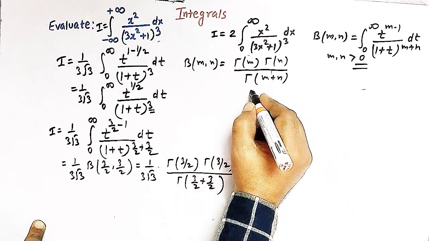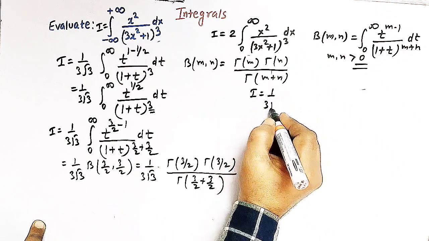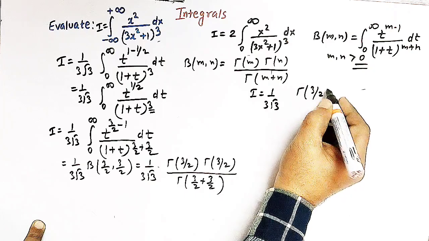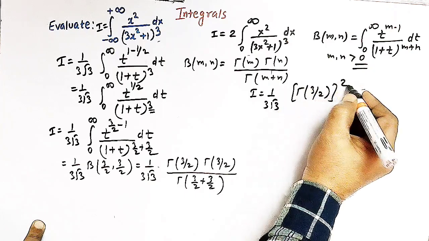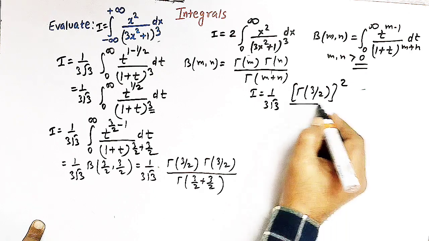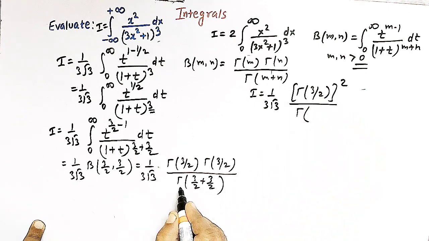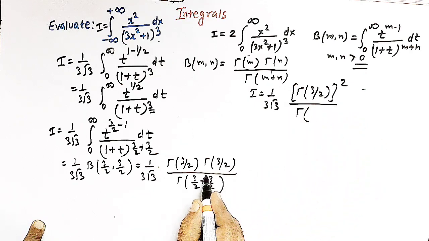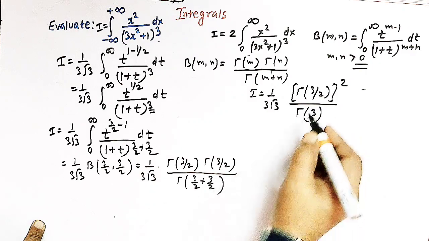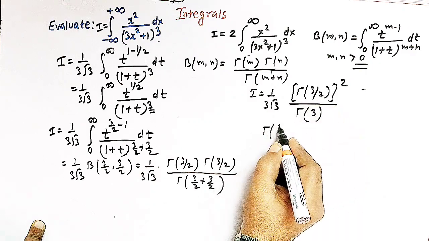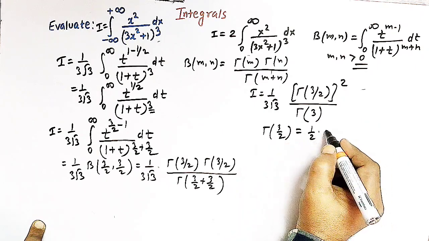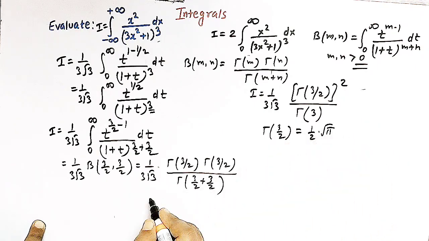So now I is equal to 1 over 3 root 3, gamma 3 by 2 squared, because both these terms are equal, and in the denominator we have gamma of 3 by 2 plus 3 by 2, which is 3, right? Now gamma 3 by 2 is equal to half times square root of pi, right?